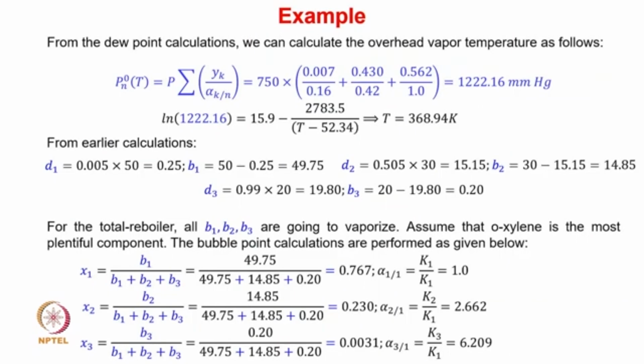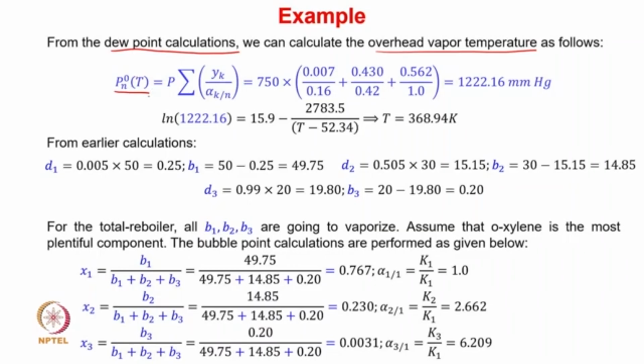So again remember, this one temperature we have done. Now we can even do a dew point calculation, because the dew point calculation is going to give us the overhead vapor temperature. So for the dew point calculation, again we can obtain the vapor pressure of the abundantly available component, that will be Pn here.